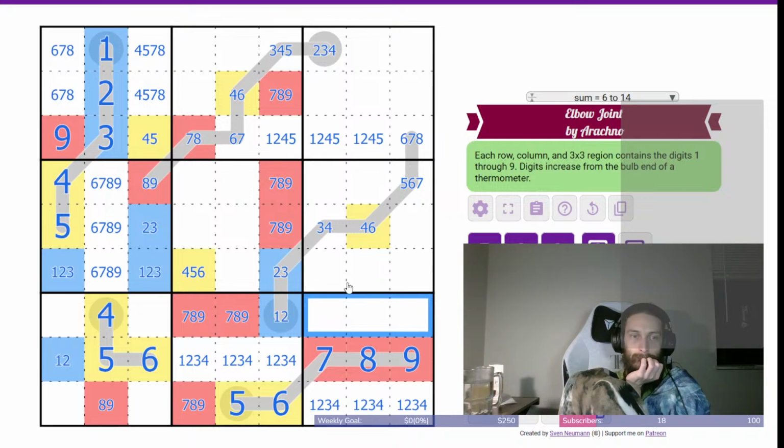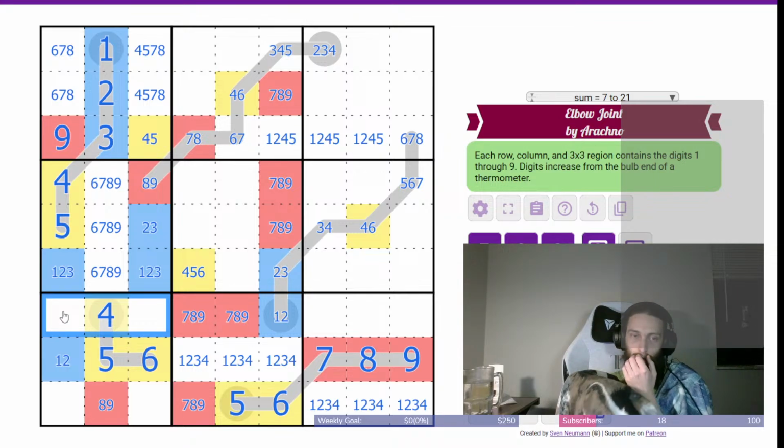All right. On that top of box 9, it's 5 and 6 and 1 from 1, 2, and 3. In box 7 on the top is going to be 1 from 1, 2, and 3, and 1 from 7, 8, 9.